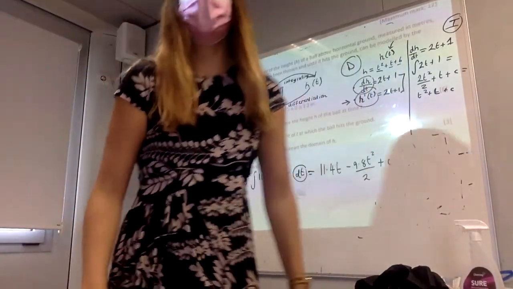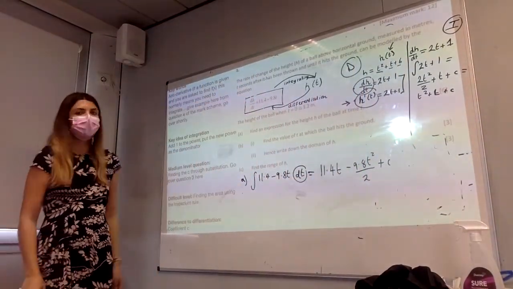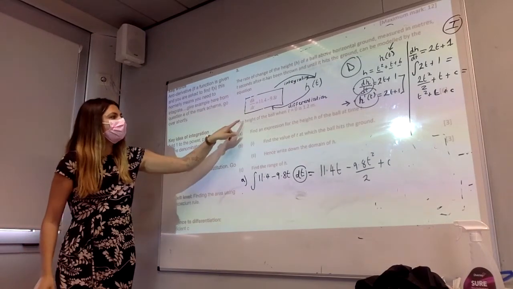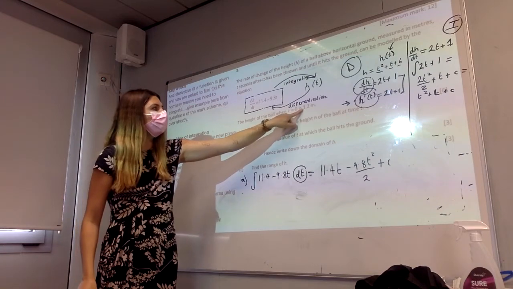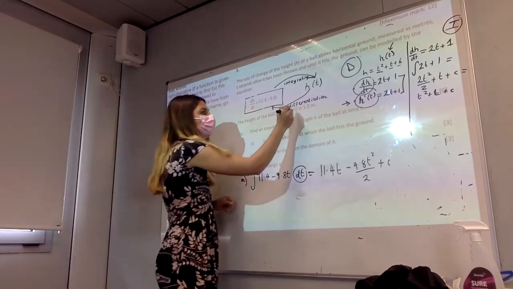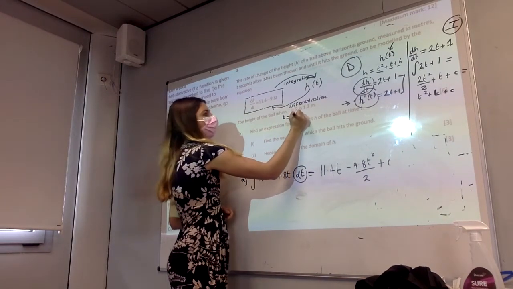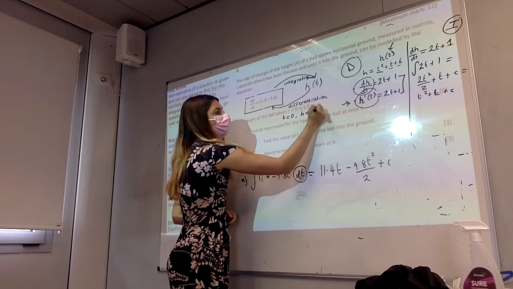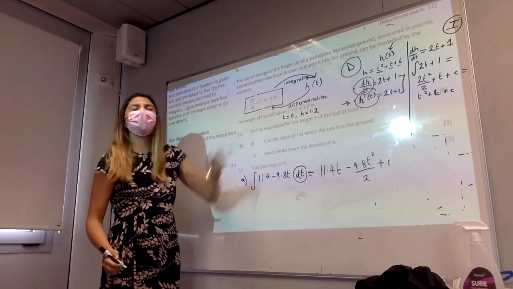Right. So are we ready to be silent for 2 minutes while I explain the next bit, because this is where it gets tricky. Question D is like this as well. The question says the height of the ball when t is equal to 0 is 1.2. Now, if they give you information, t is equal to 0, h is equal to 1.2, what do you think we have to do with it?